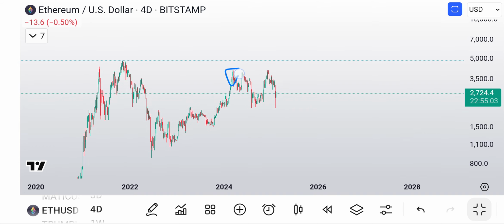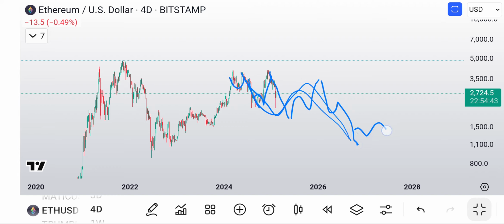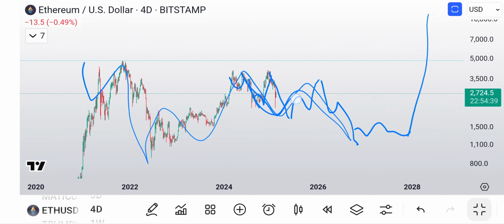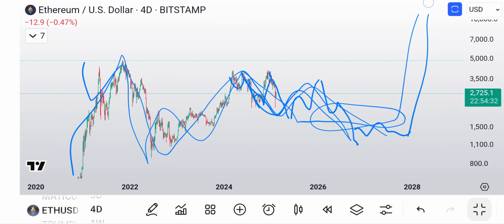But since this came down in 3, this can't be a 1, 2, 3, 4, 5. It could be though 3, 3, and then 5 down, and then you can get 3 back up and then 3 back down, getting in a much bigger 3-way move down into reaccumulation, then continue higher, right? You would have 3 down, 3 up, and then 3 back down. So rise, crash, retrace, reaccumulation, sideways, blast off.